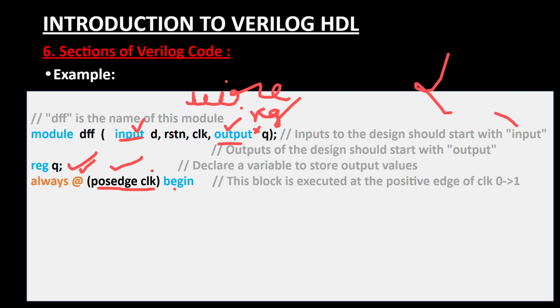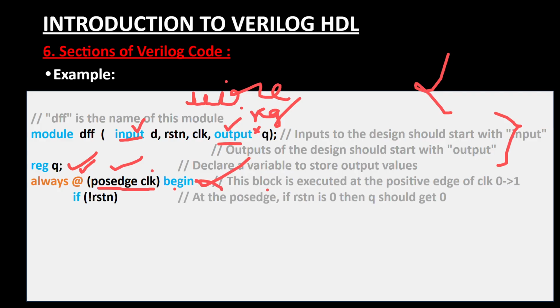We should start with begin. If we have only a single statement, we shouldn't use begin. If you start begin, you must end the block afterwards. See, if reset, or if not reset. Previously you've seen it, right?